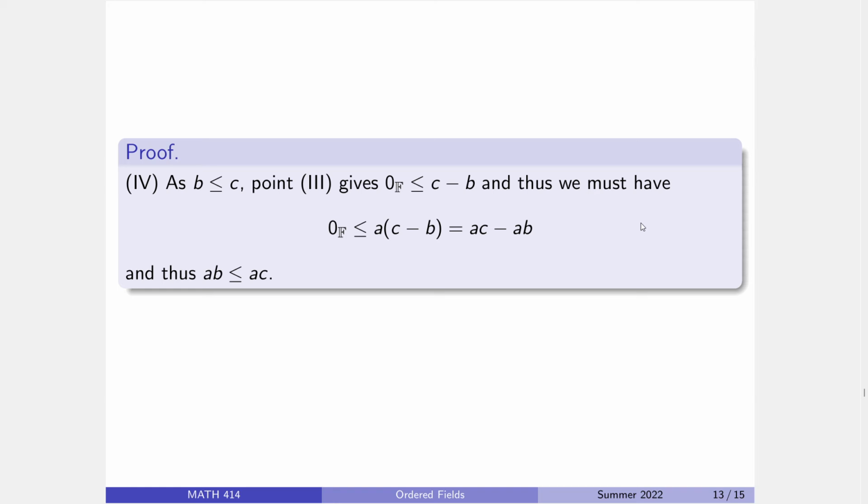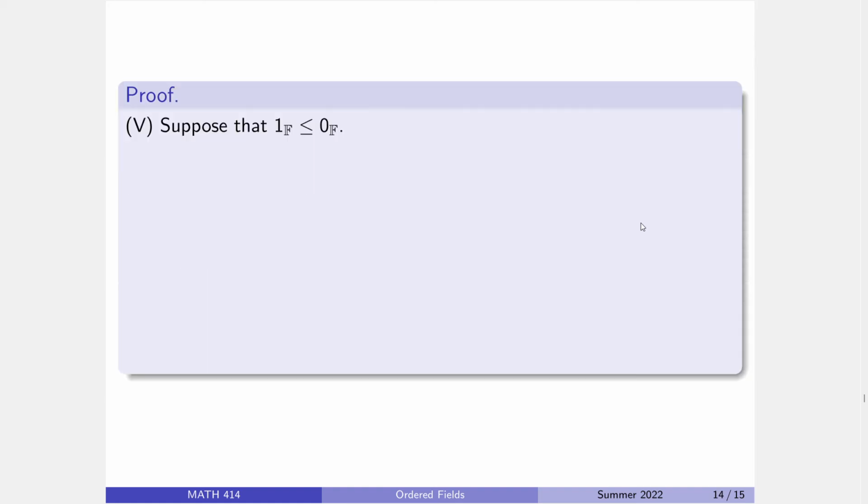Okay, so we'll continue now seeing multiplication interacting with inequalities by proving that 1 needs to be strictly bigger than 0. Alright, so by trichotomy, we just need to verify that this can't hold. Well, suppose that was true. Then I would have to have that negative 1 was bigger than 0. Note, negative 0 must be 0. 0 must be its own additive inverse, because 0 plus 0 is 0.